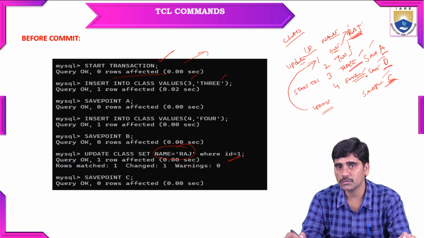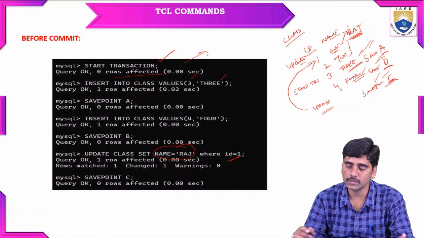So until and unless you perform a commit operation, you can roll back your data before save point A, before save point B, and before save point C. But after the commit operation, you are not going to use all these save points, and you are not able to get all these records. So now save point C is also created.